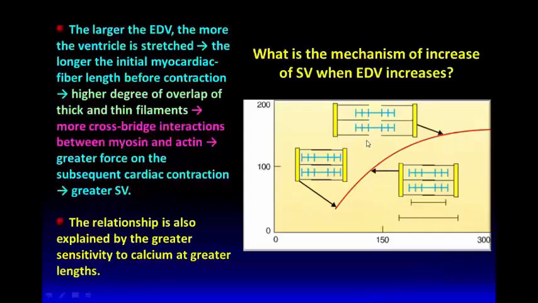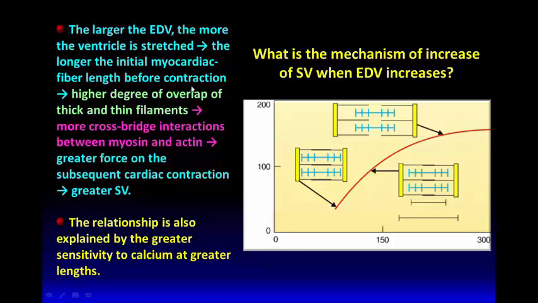The mechanism of the increase of the stroke volume when the end diastolic volume increases is because as the end diastolic volume gets larger, the more the ventricle is stretched. And the more the ventricle is stretched, the longer the initial myocardial fiber length before the ventricle begins to contract.